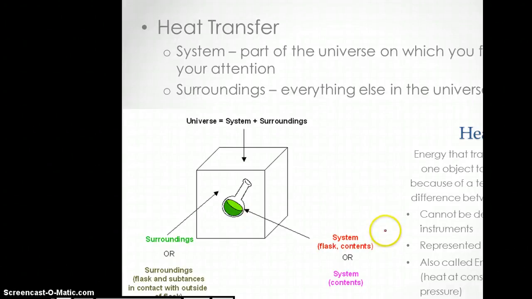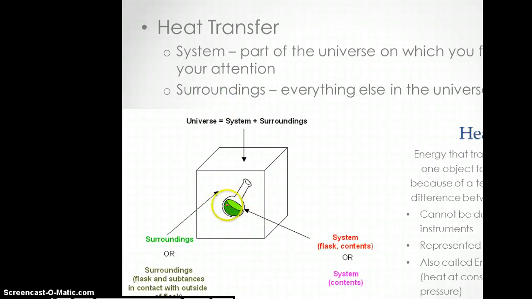Now, when we talk about heat being transferred, we need to define what is being looked at, basically. So we want to define the system as the part of the universe on which you focus your attention, and the surroundings as everything else. Okay, so let's look at this flask, and there is some sort of contents going on in the flask.